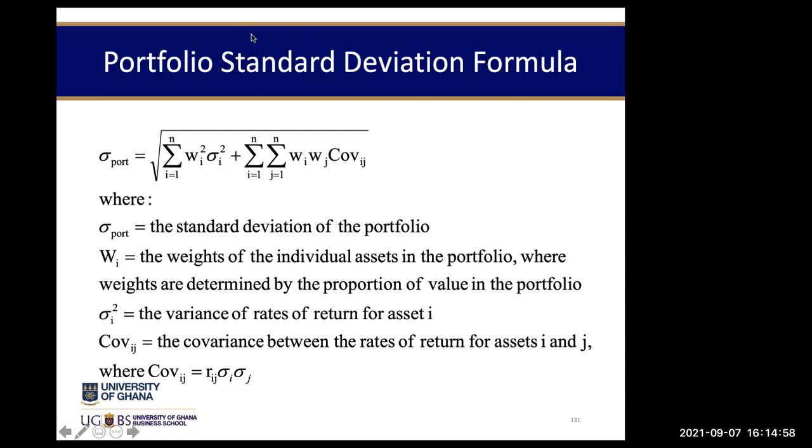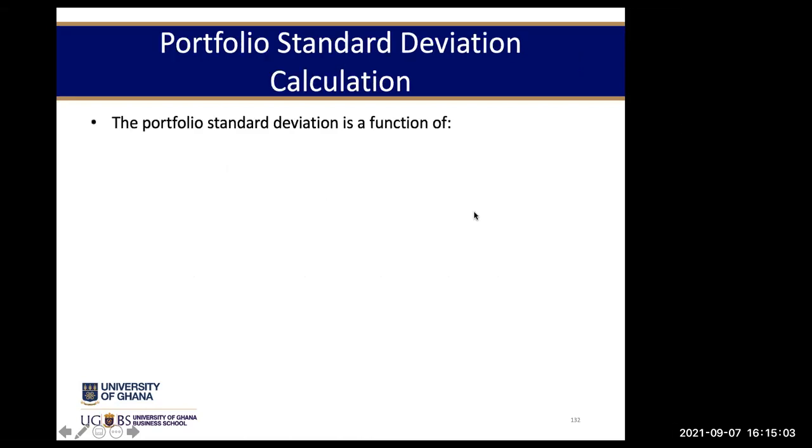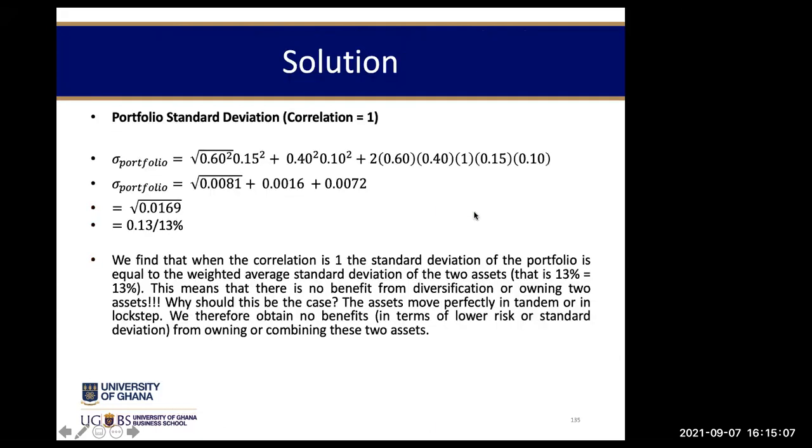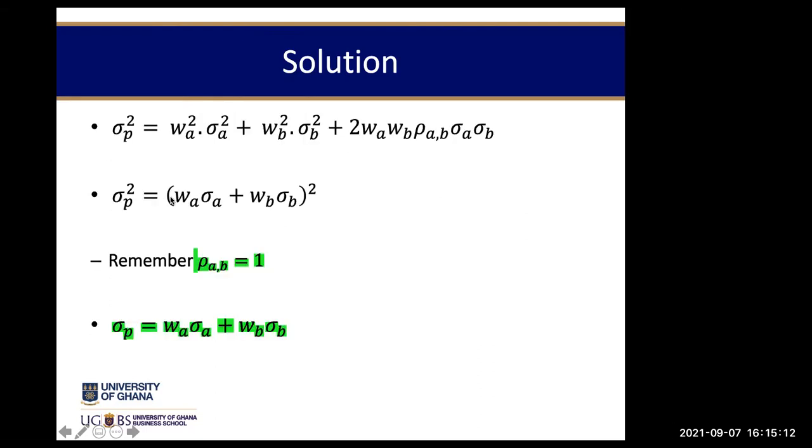So the last thing I need to teach you is how to use the formula. The formula you are likely to encounter in the exam is for a 2-asset portfolio. We won't go beyond the 2-asset portfolio.